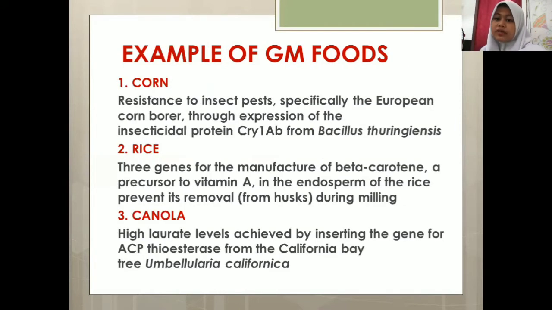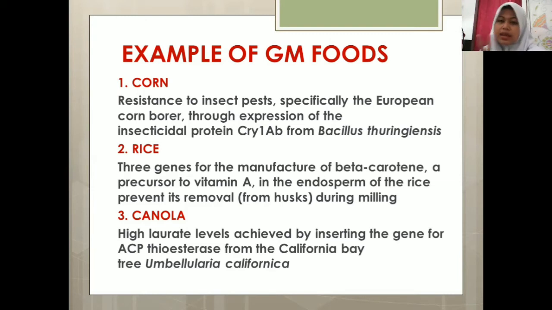And then examples of GM food. First is corn: resistance to insect pests, specifically the European corn borer, through expression of the insecticidal protein Cry1F from Bacillus thuringiensis.